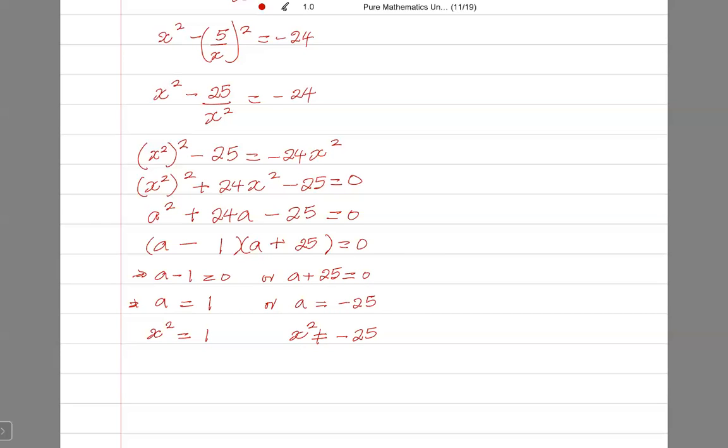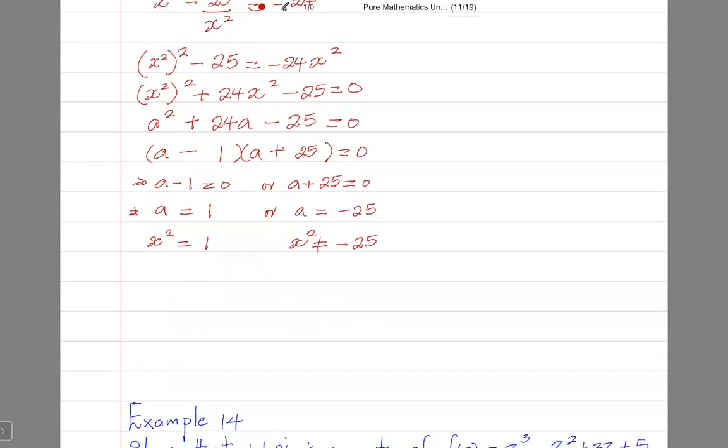And the square root of -25 is not real. So that is why we have to reject that answer. So therefore, x is equal to positive and negative the square root of 1, which is just basically saying positive and negative 1.